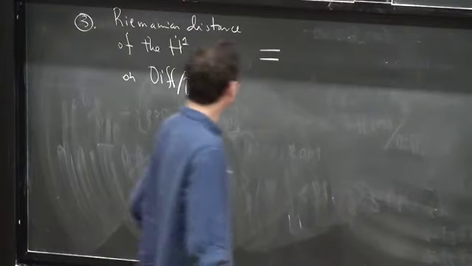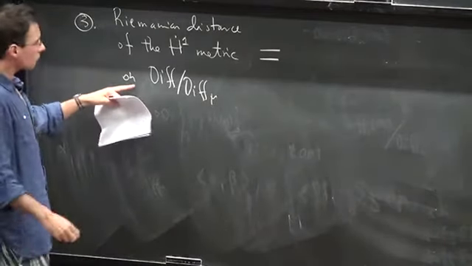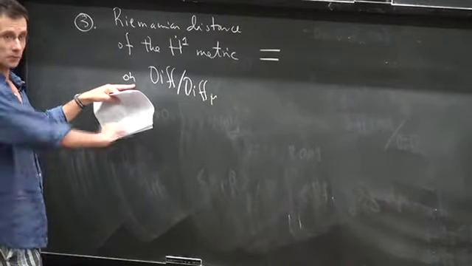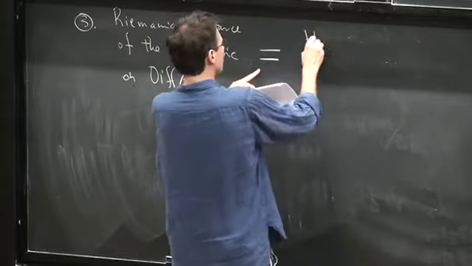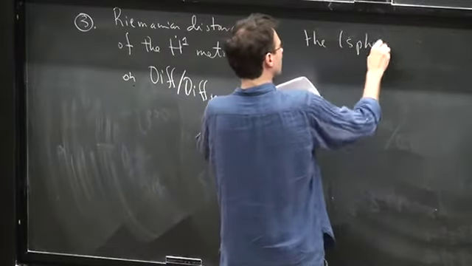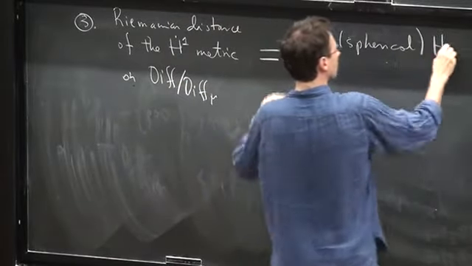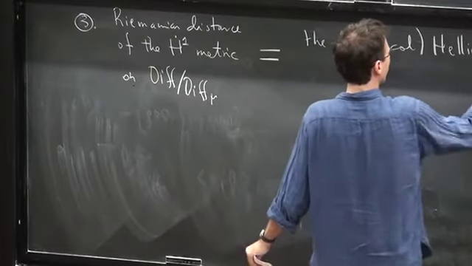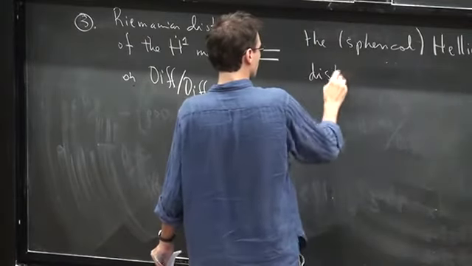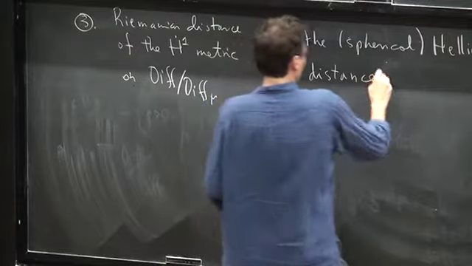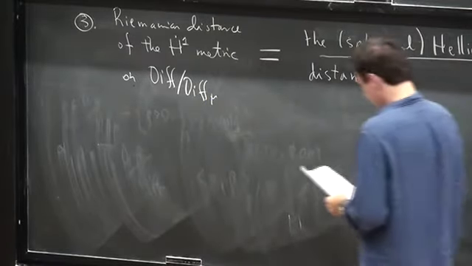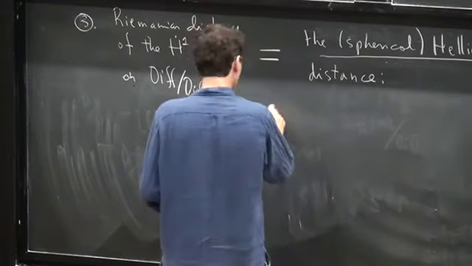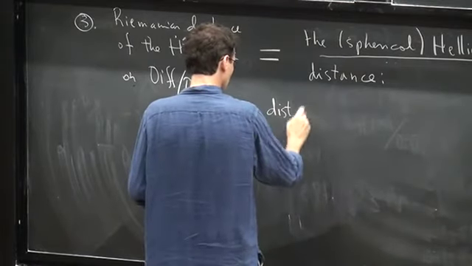Computing the global metric now. Right, I'm computing the distance function. So it's spherical. Let me write this in. Hellinger distance, and I'll define it. So this spherical Hellinger distance looks like this. This is sub h.